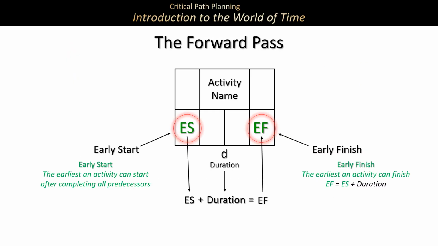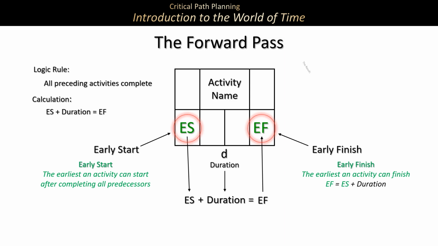So in summary, we start to realize that the forward pass really depends on remembering only a couple of things. The first is the logic rule, and that is that all preceding activities must be complete before an activity can start. And the second is one simple calculation. The early start plus the duration gives us the early finish.